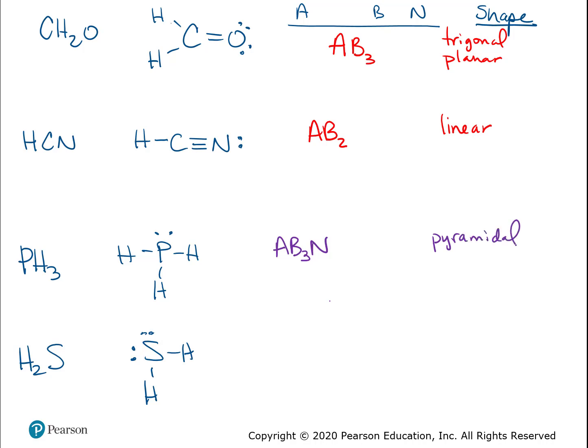And then here's the last one. So what would this ABN be? AB2N2, good, right? So that sulfur has 2 groups connected and 2 pairs of non-bonding electrons. The B is how many groups are connected. The N are the non-bonding groups, and this would look bent.